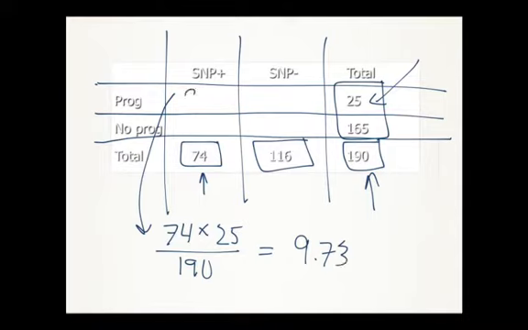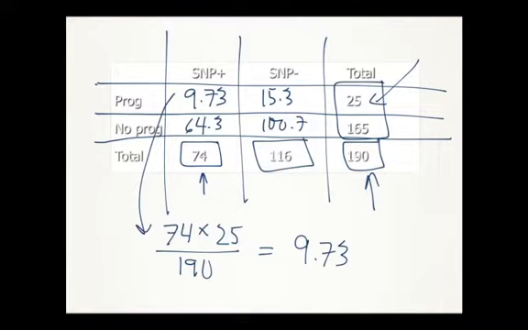So the expected number we have in here is 9.73. And I can carry out that same calculation for all the cells, and it turns out for this one it's 15.3, for this one it's 100.7, and for this one it's 64.3.